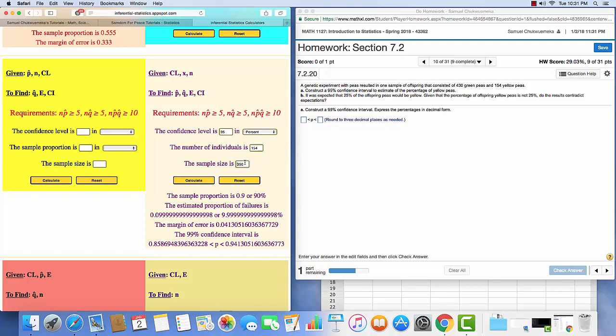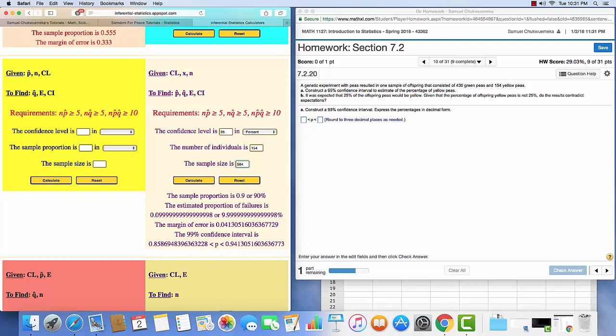Now the sample size, you're going to add this up. 430 plus 154. 0 plus 4, 4. 3 plus 5, 8. 4 plus 1, 5. So that is 584. Are you with me?